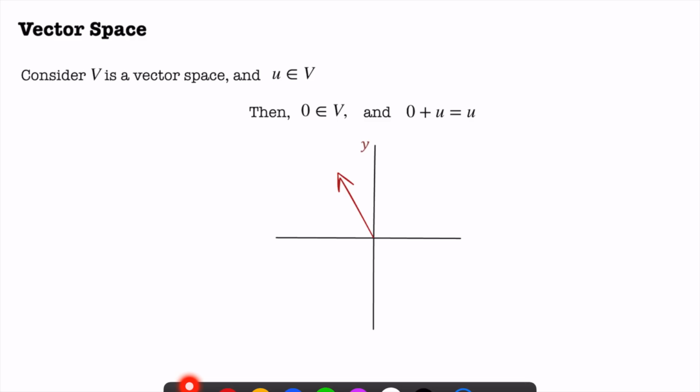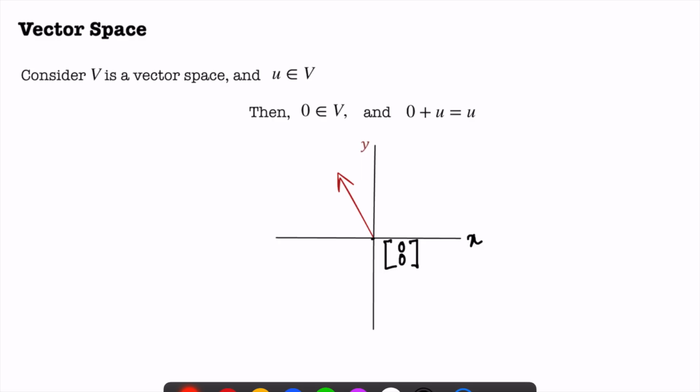Next is, in any vector space, we should have a zero vector such that 0 plus u, any vector, should be u, right? And the zero vector will be at this origin. This is the xy plane and this should have 0, 0 components.